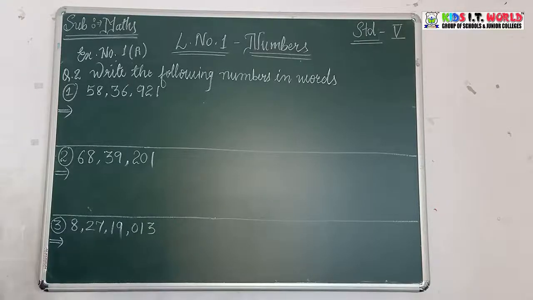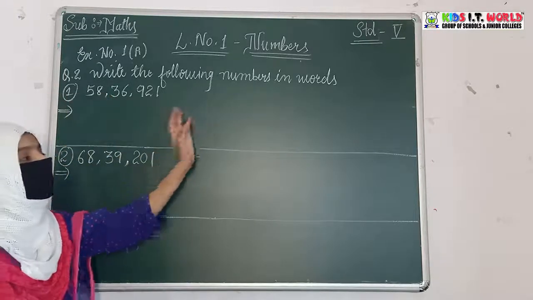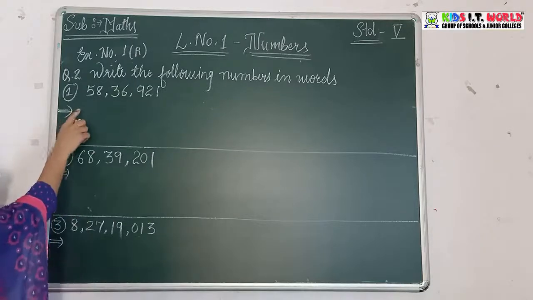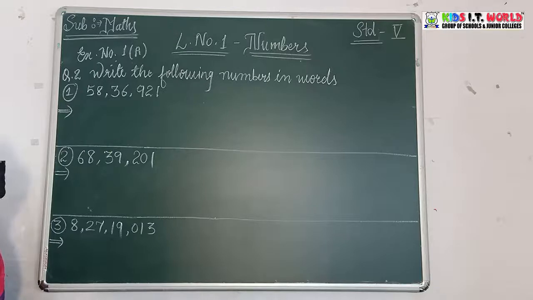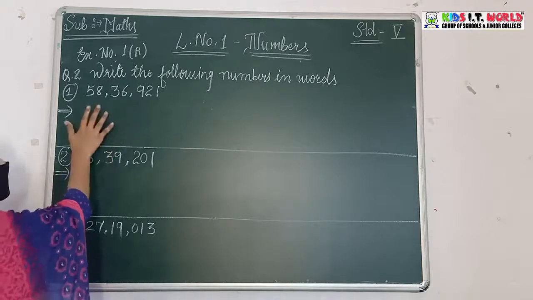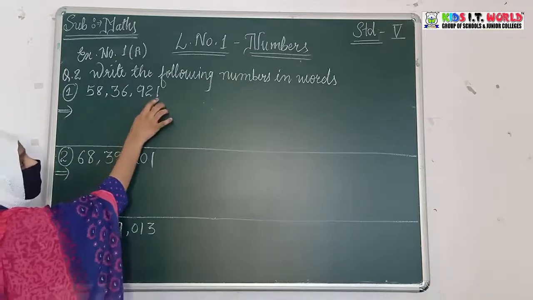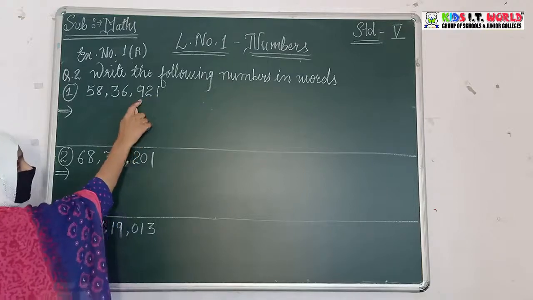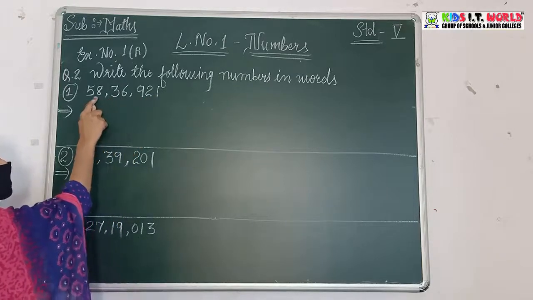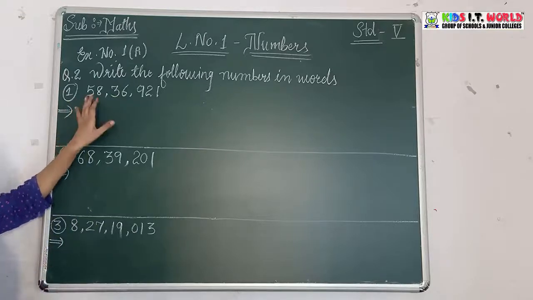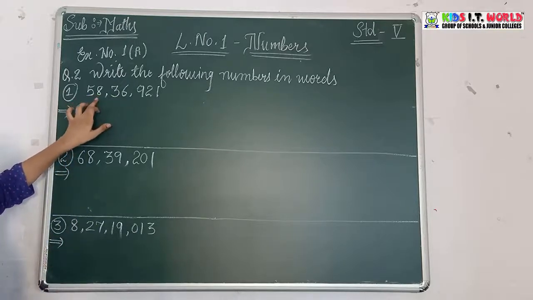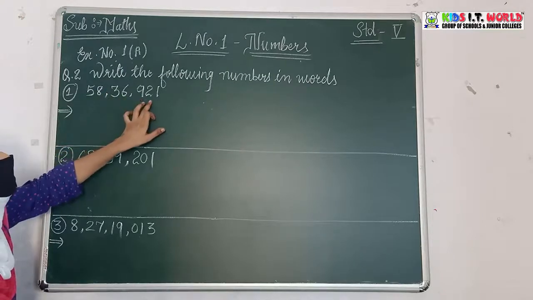Now, question number 2: write the following numbers in words. They have given it to you in number form. You have to write it in word form. But how will you write? First of all, read it by its place value: ones, tens, hundreds, thousands, 10,000s, lakh, 10 lakh. Means the number is starting from the 10 lakh. So it is 58 lakh 36,921.